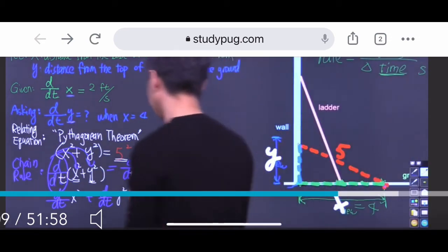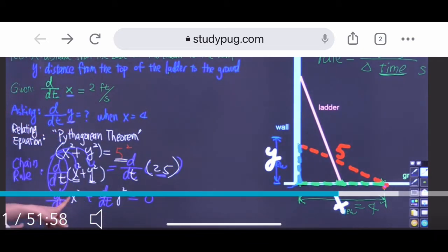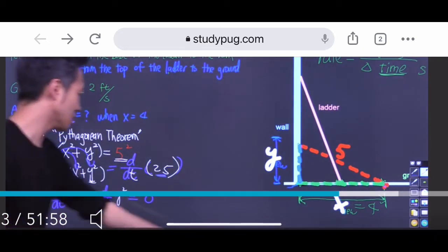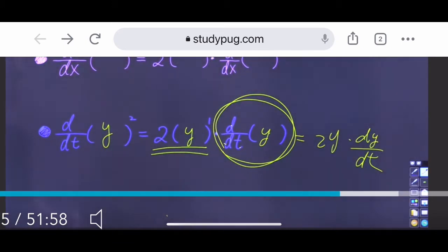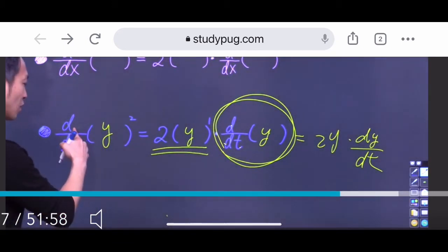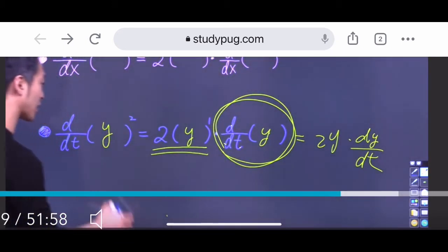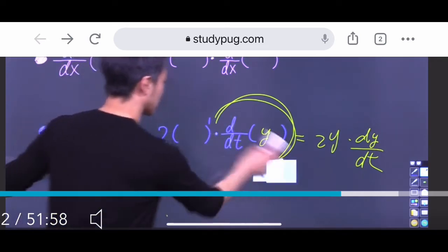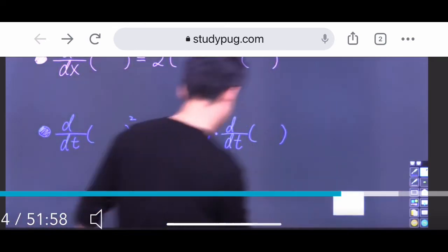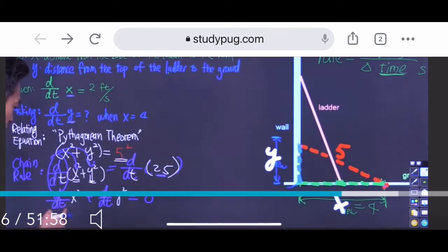Cool. Now, we talked about this earlier, right? The derivative of x squared, let's do this again, okay guys? Let's do this again. See here, what do you see? We're taking the derivative of x squared with respect to time.